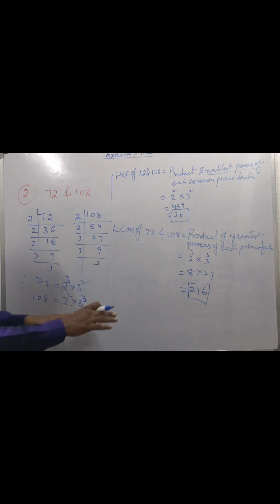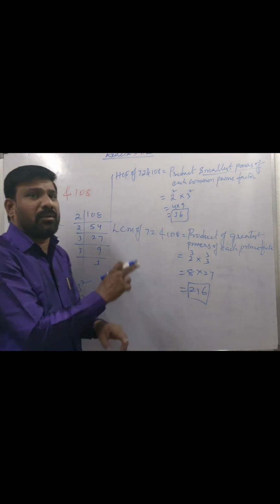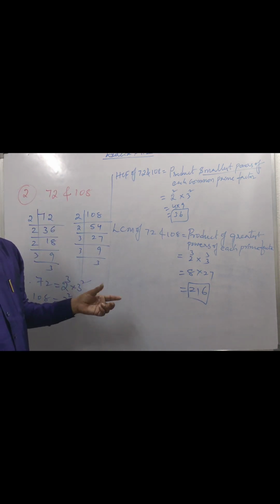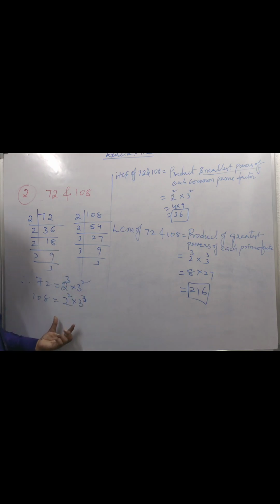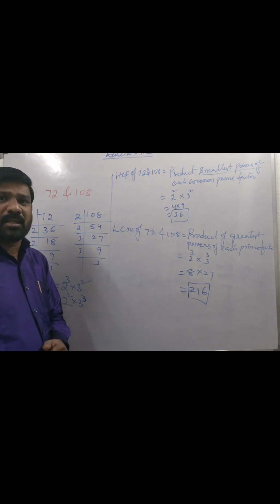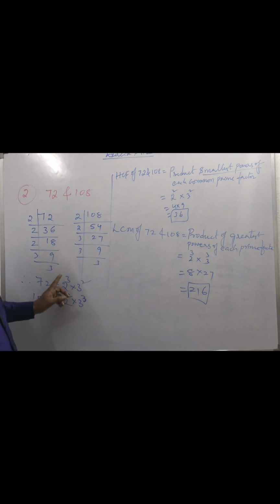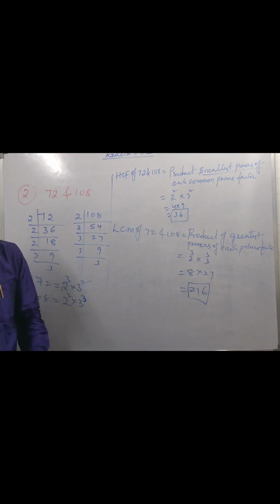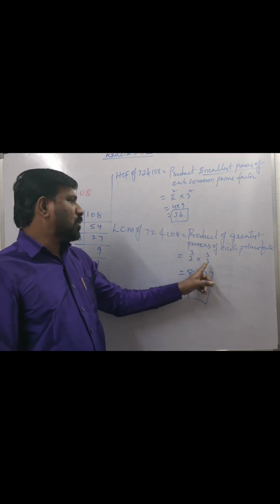If nothing is common for all the 3 numbers, then you have to take 1 as the highest common factor. Clear? Why? Because if no factor is common, then they are called co-primes. So if nothing is common, then simply the HCF will be equal to 1. Same for LCM, the highest power you need to write.